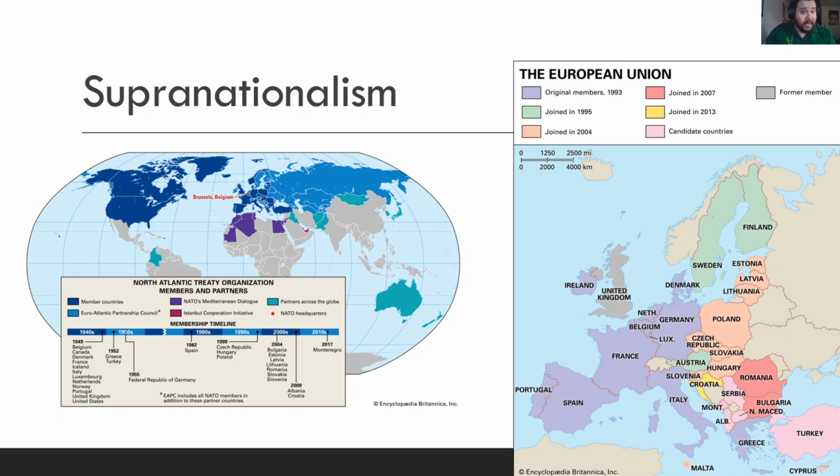Now, those states, by being members of this supranational organization, are not going to be able to independently complete their own tasks, or they're not going to be able to complete tasks to their own ends, right? Because they're going to be challenged by this overarching power of the supranational organization. Same thing with NATO.